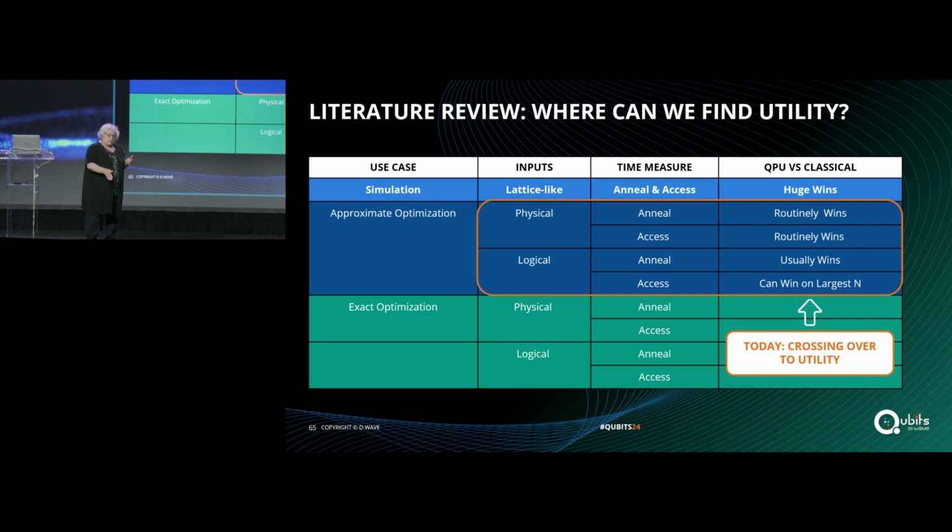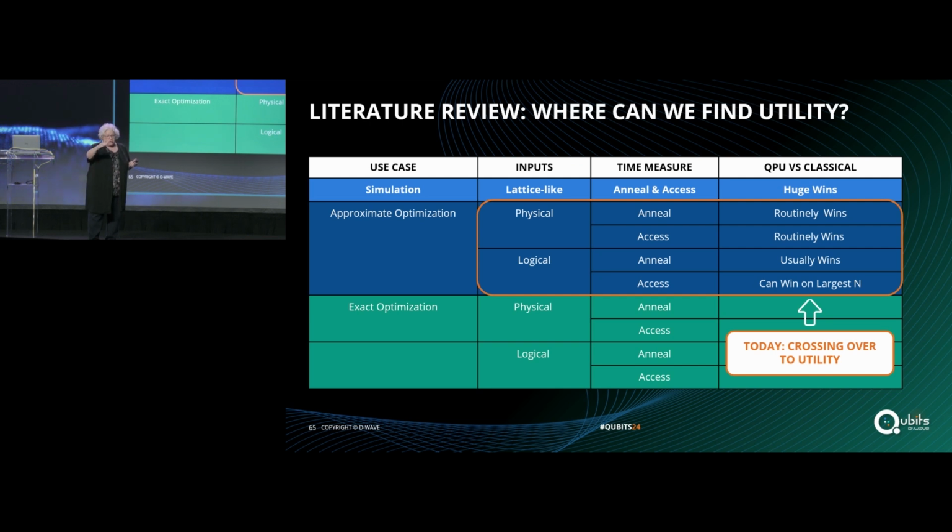It matters the structure of the inputs, whether they're physical inputs or logical inputs. The simulation cases are kind of in between. They're like physical inputs in their structure, but sometimes there's a little bit of embedding going on. And it matters whether you're measuring anneal time or access time, really, really fast or not so fast, in terms of what you're comparing to the classical solver.